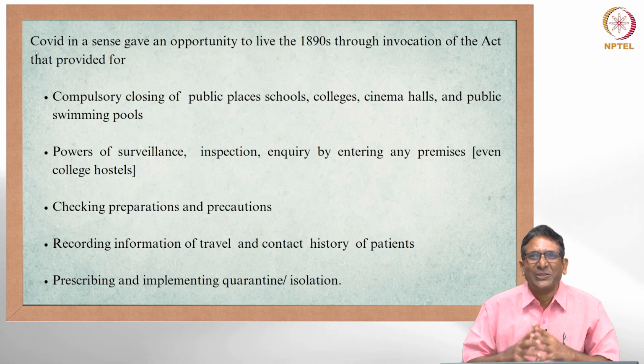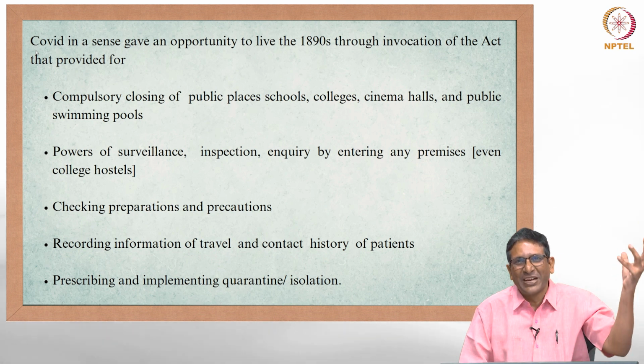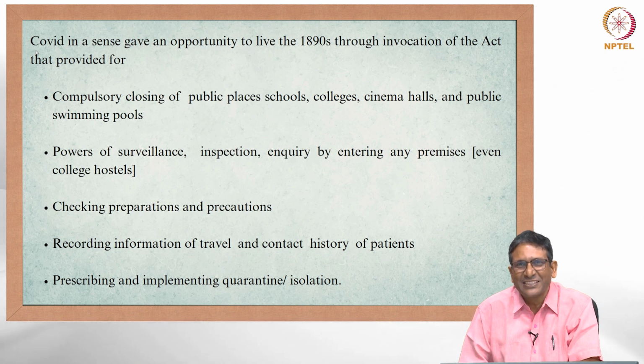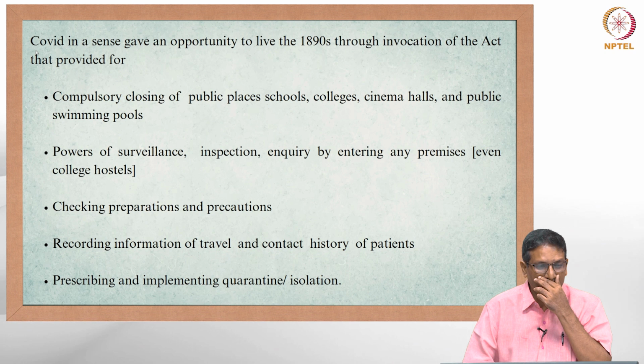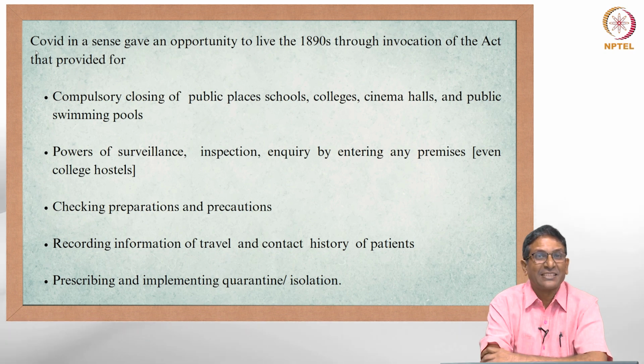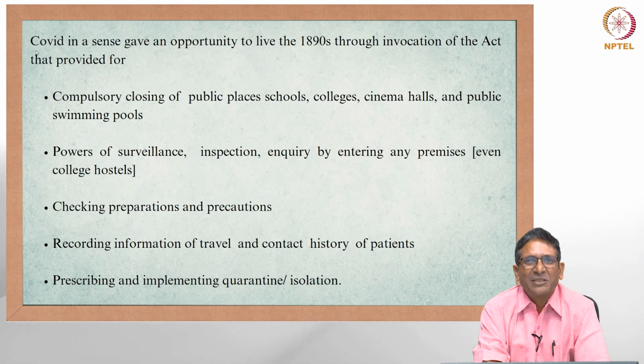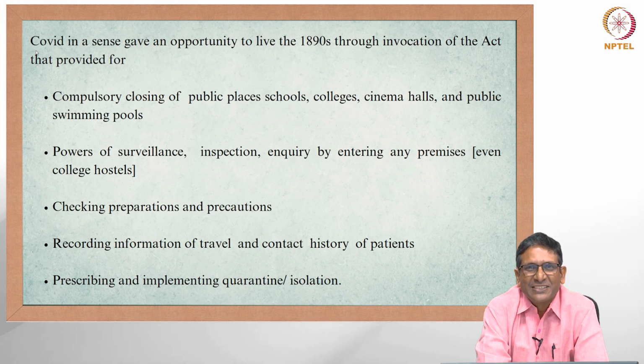Now we will know in a very personal way what the various provisions of that act are, and how in this current century it was implemented right in our own lives. For instance, the same 1897 act provided for the compulsory closing of schools and colleges, cinema halls and other public places like swimming pools.